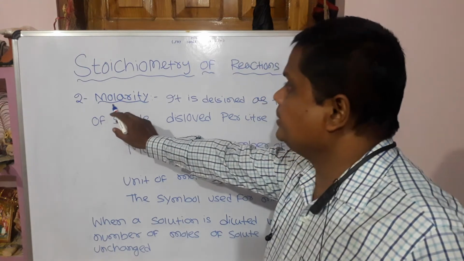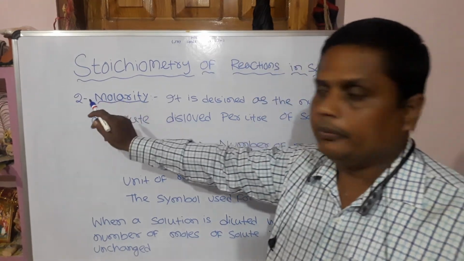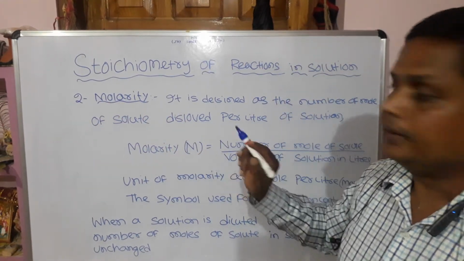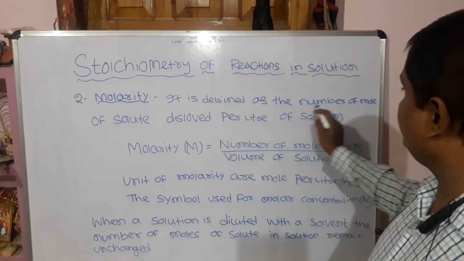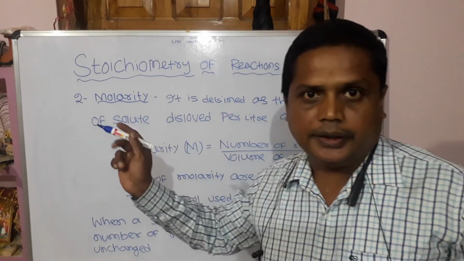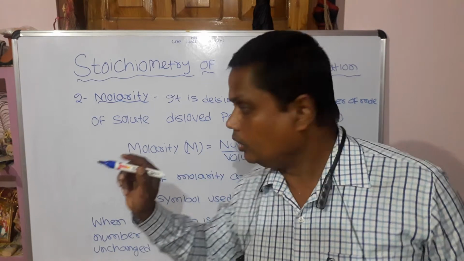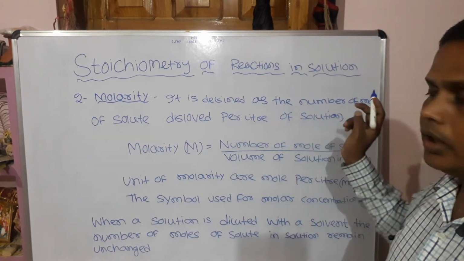The second point is molarity. Molarity is defined as the number of moles of solute dissolved per liter of solution.